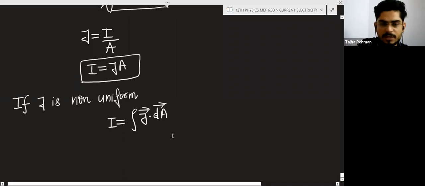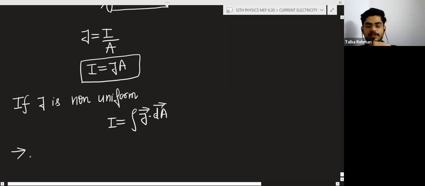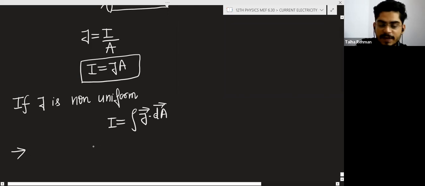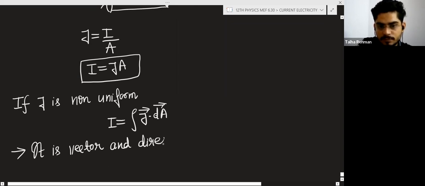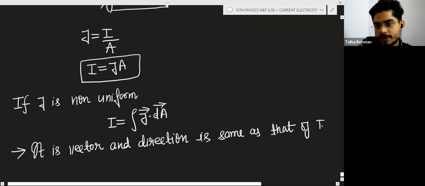Current is treated as a scalar, though strictly it is a tensor, but current density is a vector, and its direction is the same as that of the current.